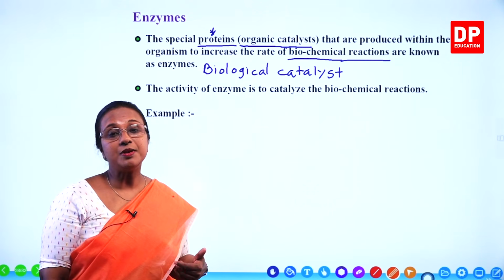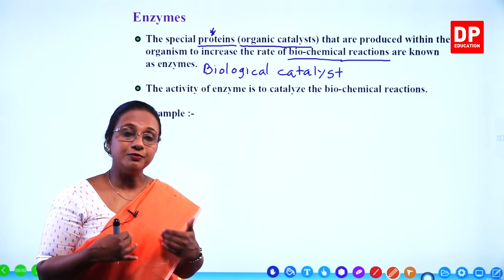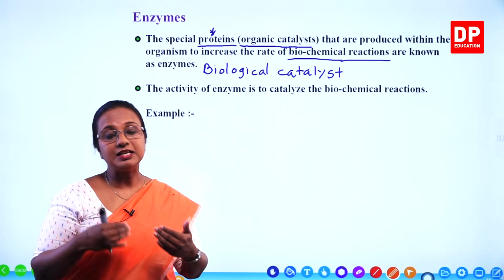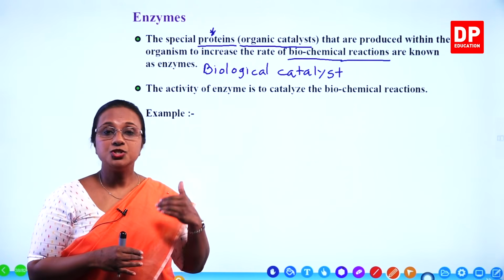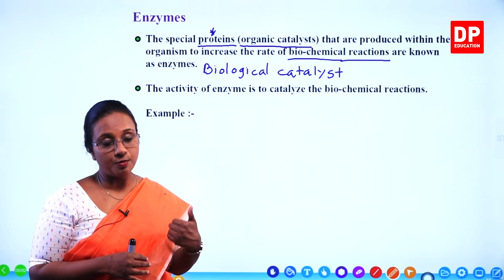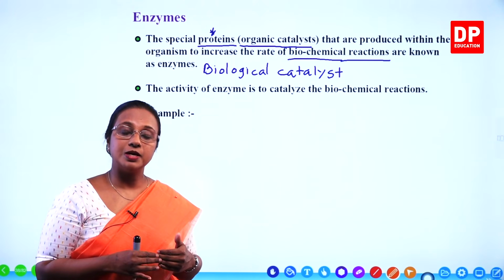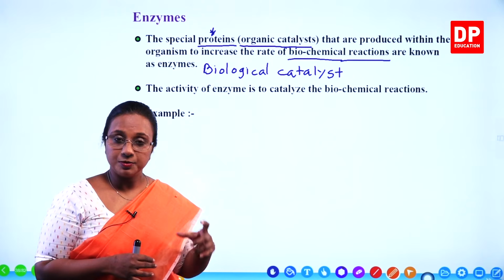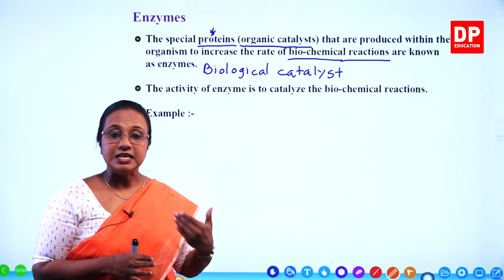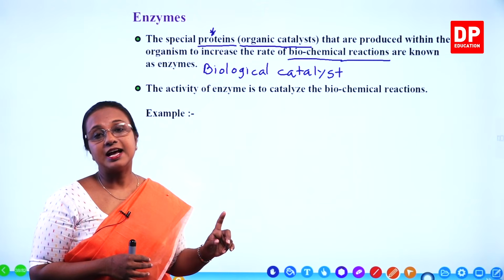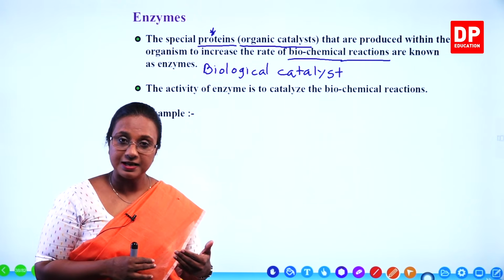But the same reaction, when you eat food that contain sucrose. So example, you eat a little bit of sugar. This sugar contains sucrose that has to digest within your body and it will be converted to glucose and fructose. This process, the process of digestion, is a biochemical process and that is catalyzed by an enzyme.